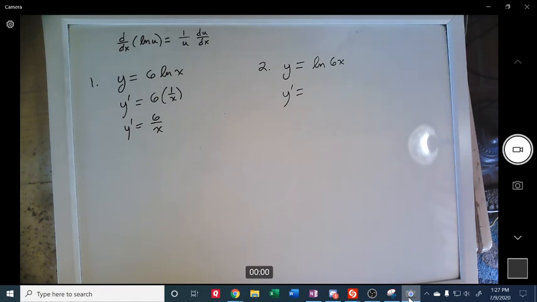Seems like a minor change, but it makes a major difference in the answer. All right, I want you to go in your groups, check with each other on what you're getting with this. And I'll call on a group in a minute.